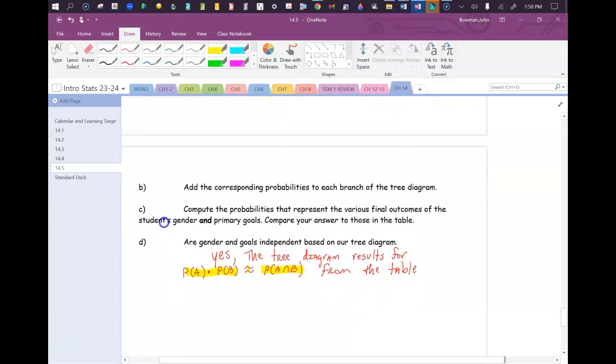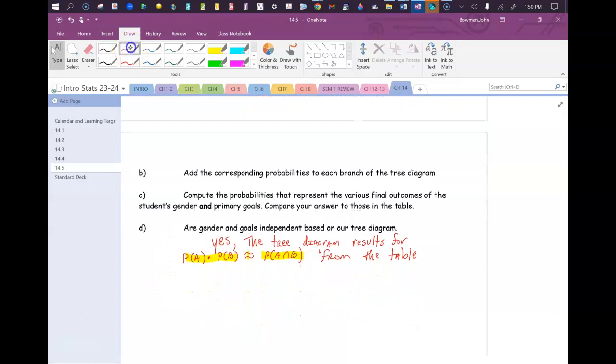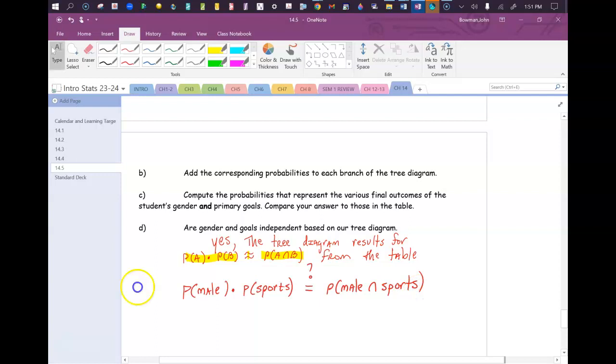So pick one of the outcomes from one of the variables and then pick another outcome from the other variable. So we could say the probability of male times probability of sports should be equal to, that's the question we're asking, the probability of male and sports.